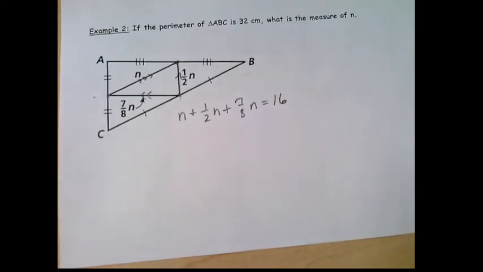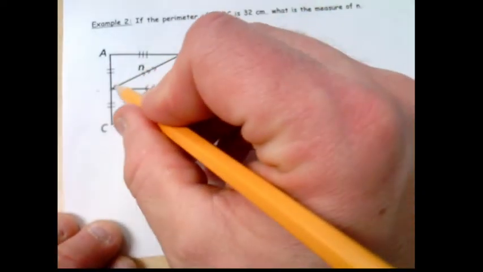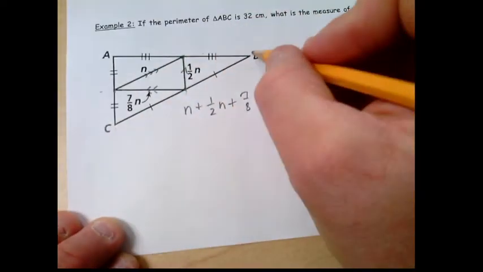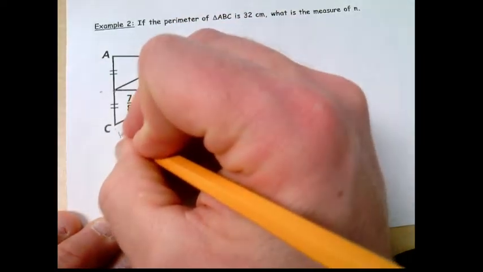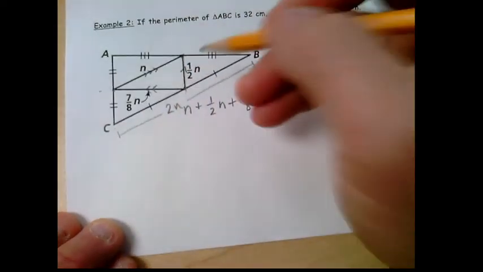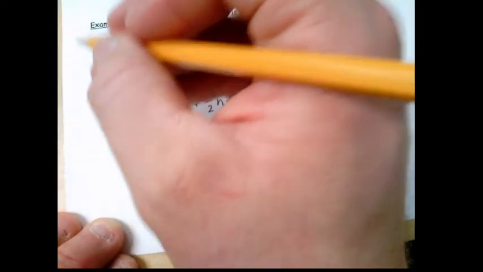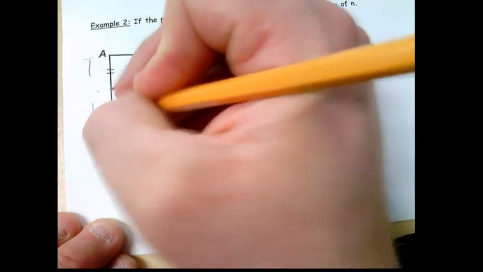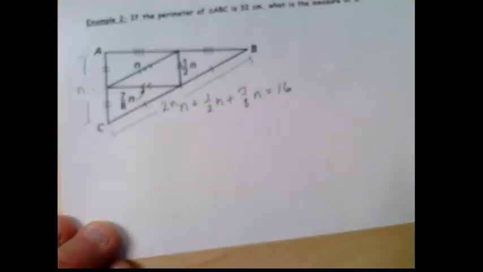Now, there's a lot of fractions there, so you can choose that one, or you could do this. If this is n and it's half the non-intersected segment length, then this whole length right here is going to be twice that. If this is half n, then this non-intersected segment is just n.